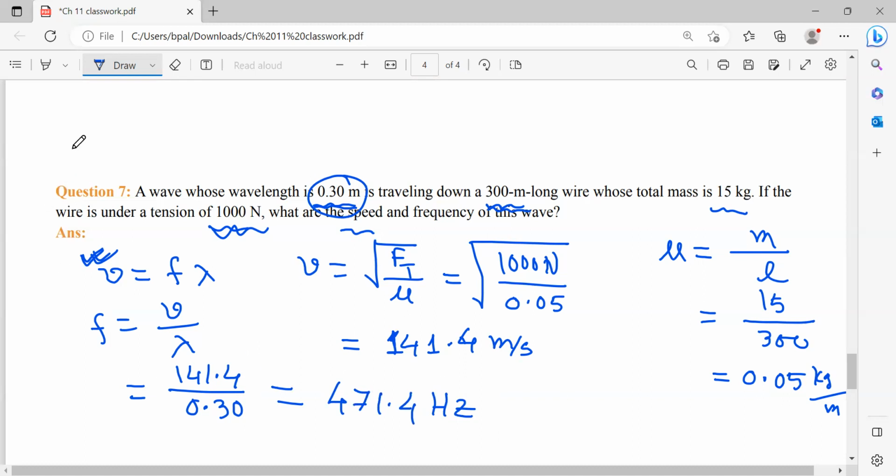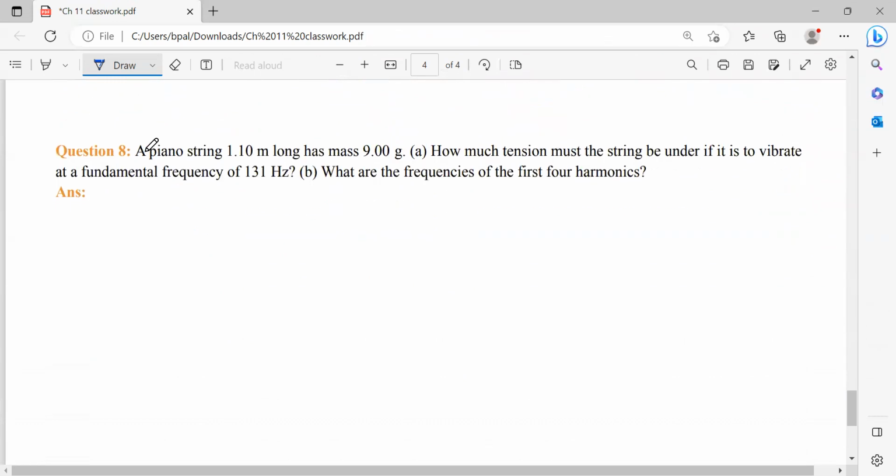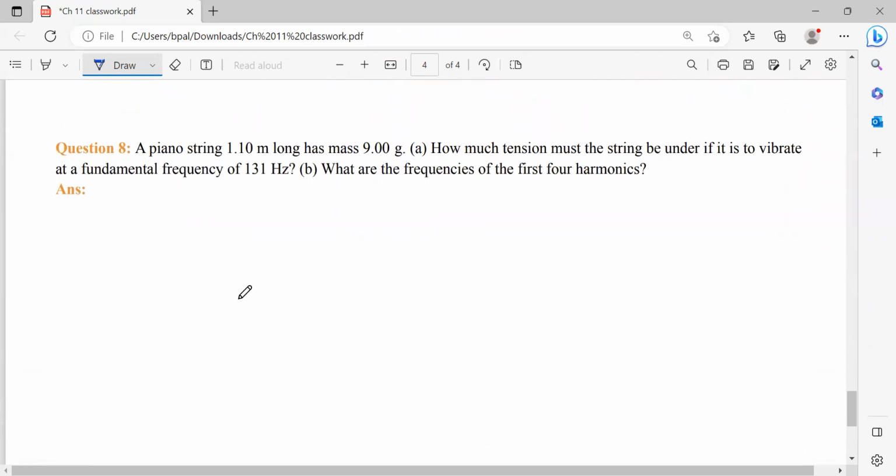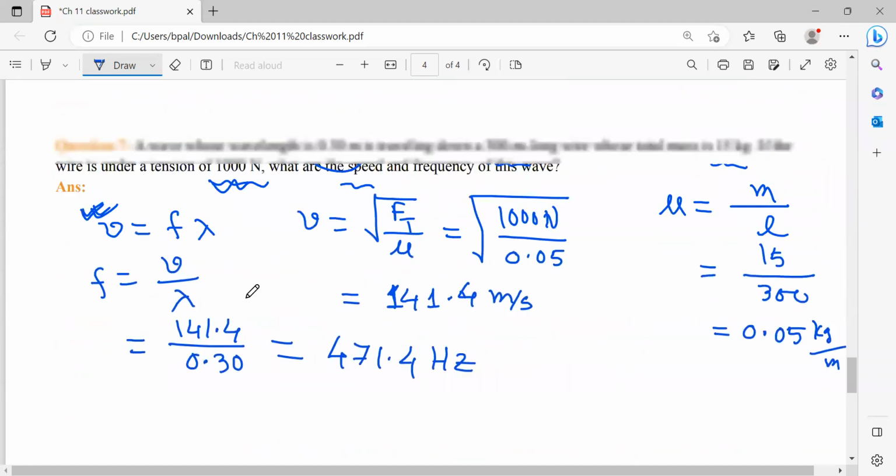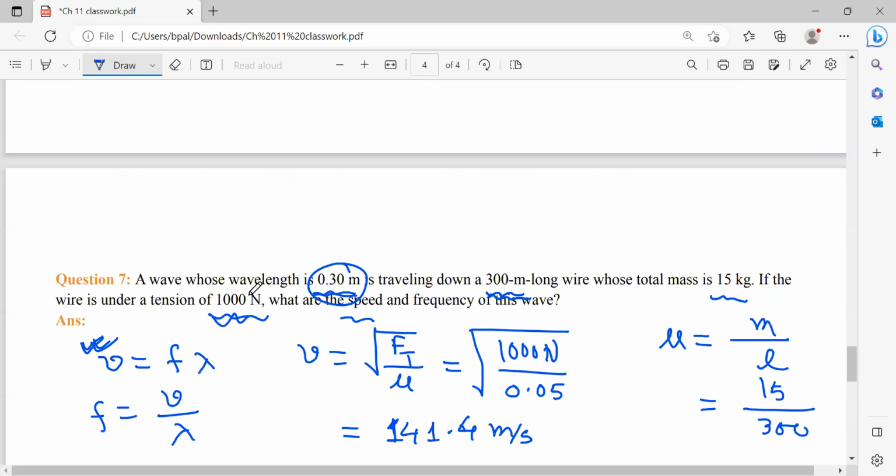All right. One more problem. Now we have another piano wire, very similar to the wire we used in this problem.